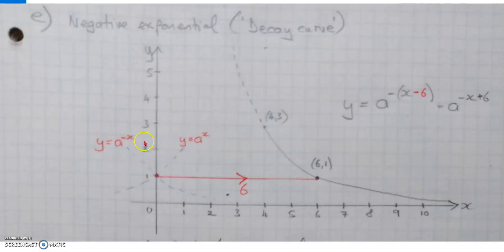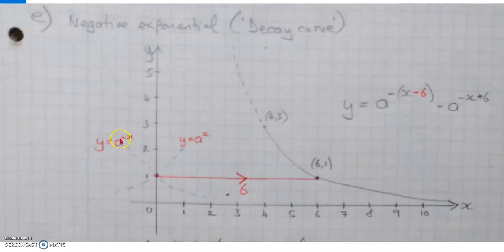The power becomes a negative power. So you would get y equals a to the power of minus x.